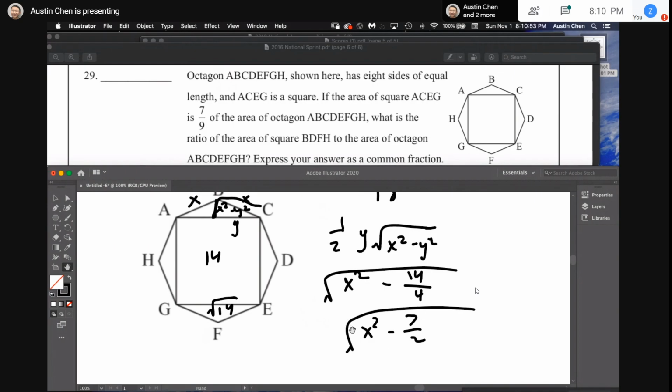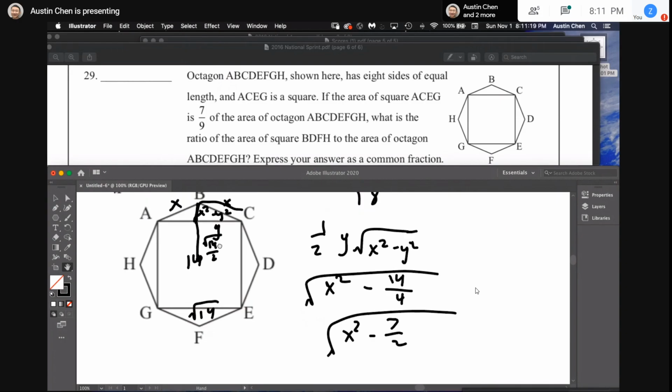So we know this length is root 14 over 2, to the center from here to here.